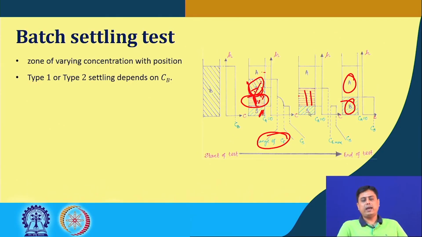So, these two types of settling are typically observed, and this phenomenon depends on the initial concentration that you started with, or the Cb.